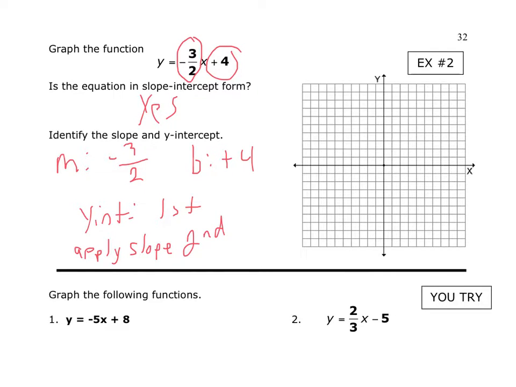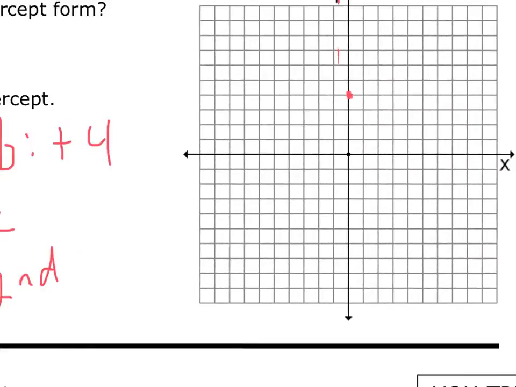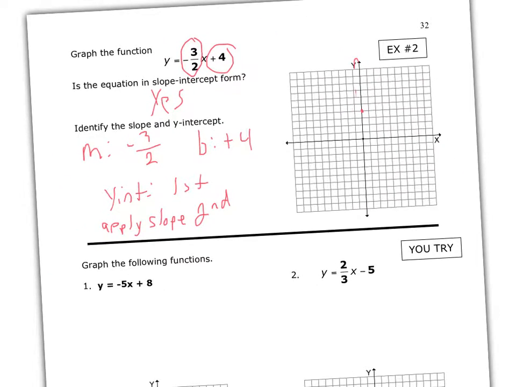Remember, I told you that you want to graph your y-intercept first and apply slope second. So let's try this. We have a y-intercept of 4, so we know that point is going to be located on the y-axis. We want to put that point right at 4, which would be right here. And we have a rise over run of -3 over 2.